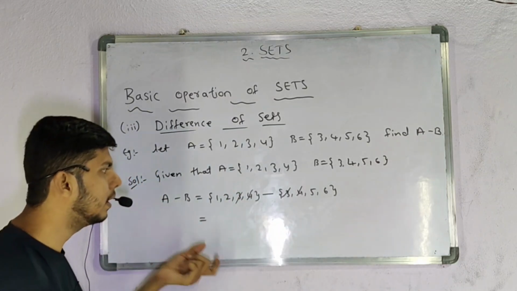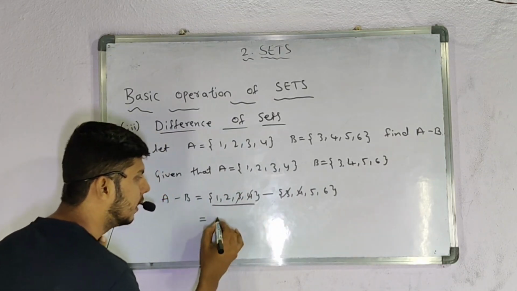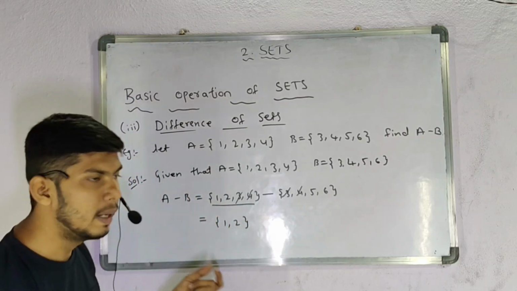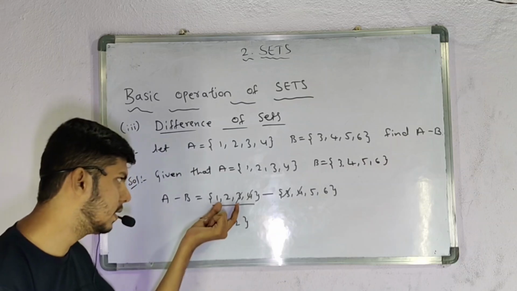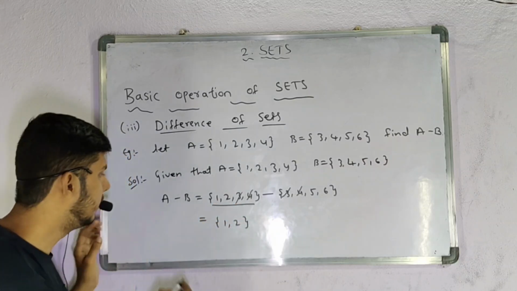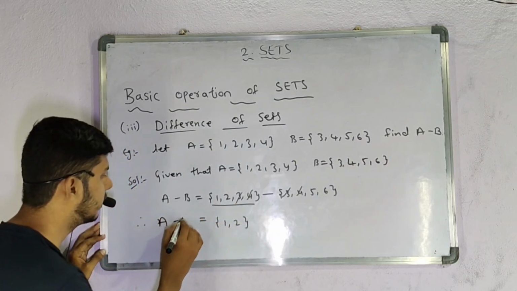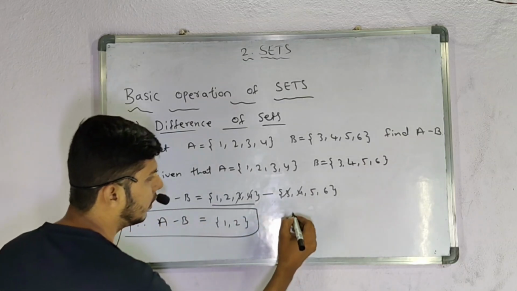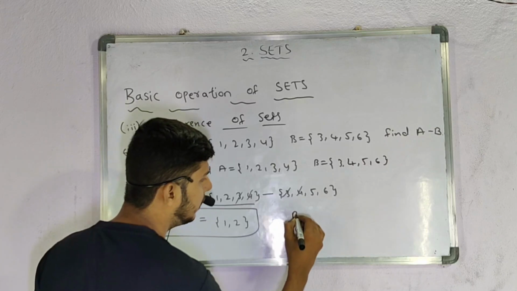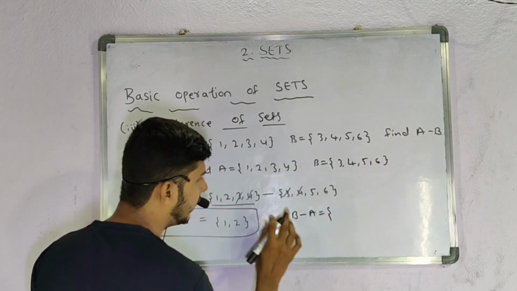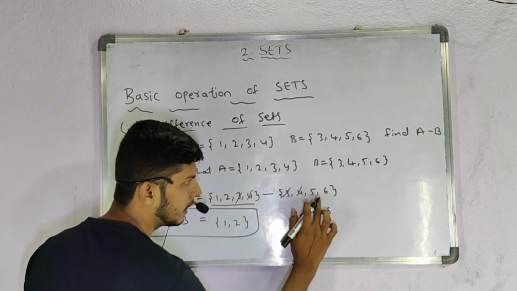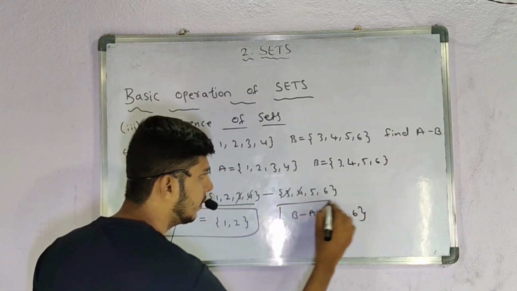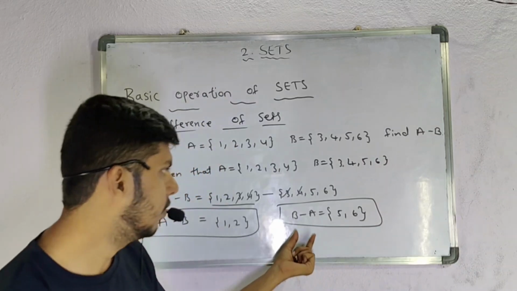The elements present in the first set that remain, we have to write. Here 1 and 2 are present in the first set, so we write those. This is called the difference of sets between A and B. If in any question you get B minus A, then after subtracting, the elements are only 5, 6, so we should write only 5, 6. This is the B minus A difference of sets.